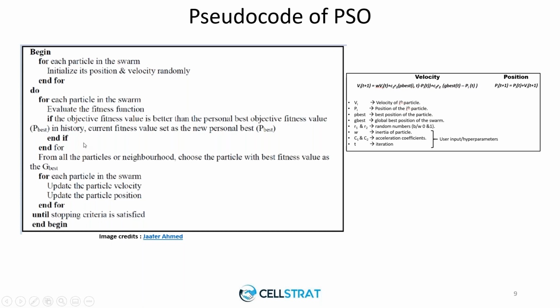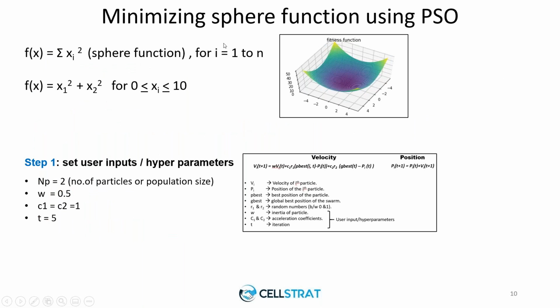If the current fitness value is better than the personal best, the personal best gets updated, and that is done in one loop. Next, out of all of these personal bests, it finds the global best. This goes on until a stopping criterion is satisfied. I think you will understand better when we solve this particular problem.